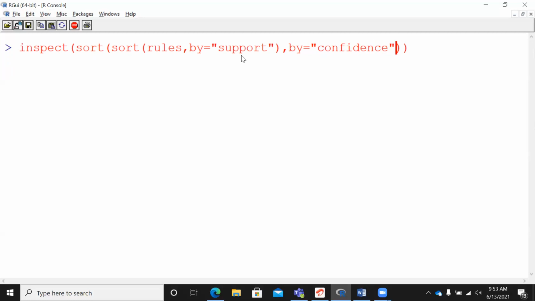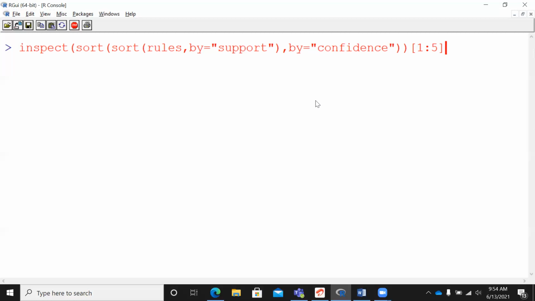I have opened three brackets, 1, 2, 3. So I'll be using 3 close brackets as well, right? Now, since I'm just interested in the top 5 rules, I can say 1 up to 5, right? So instead of showing me a whole lot of rules, it will limit the number of rules to only the top 5 rules.